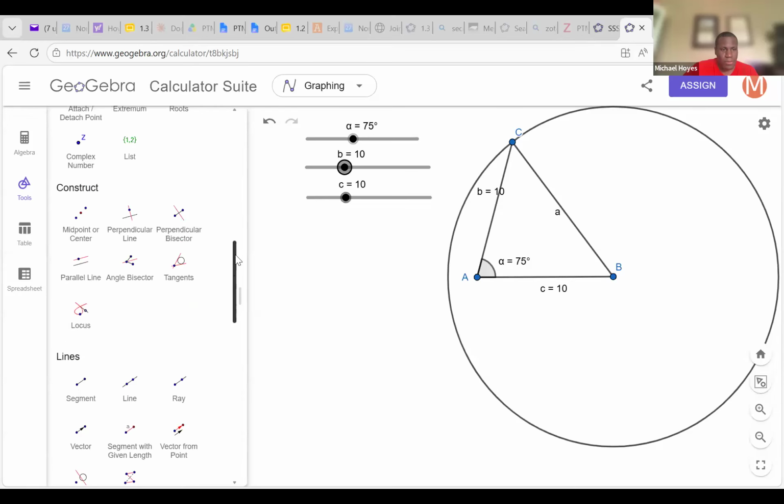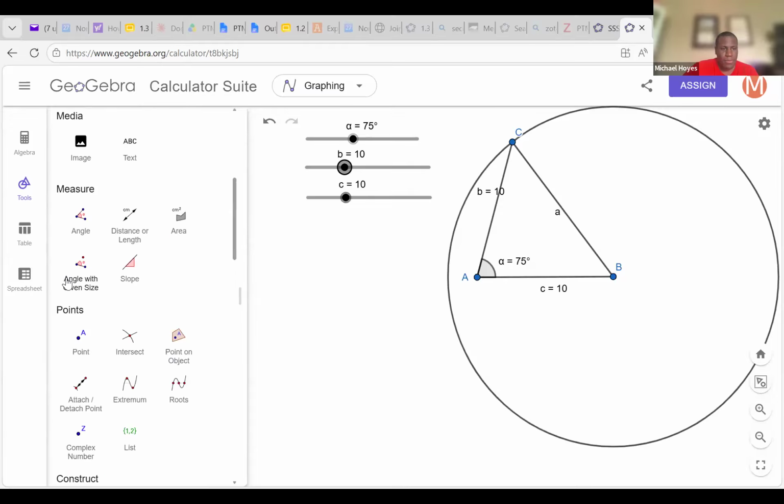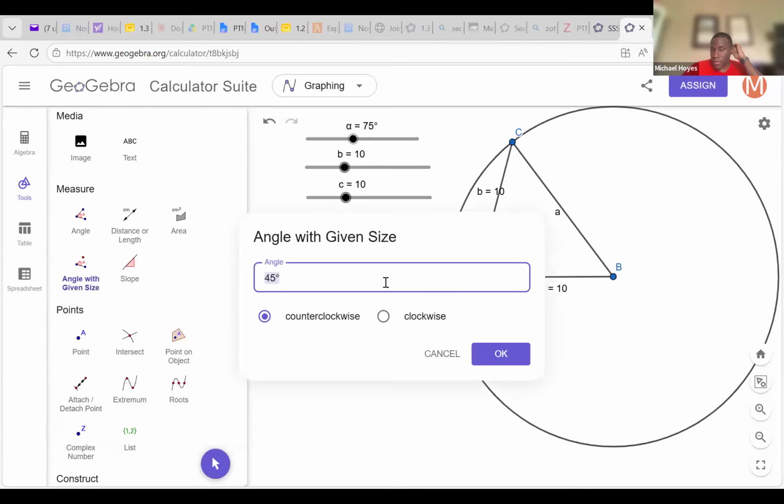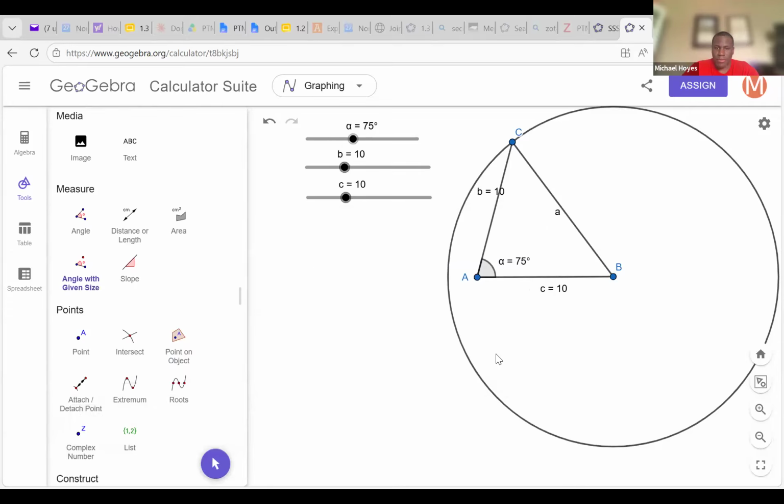Where's it at? Angle with given size, leg, vertex. And instead of 75 in a clockwise direction.